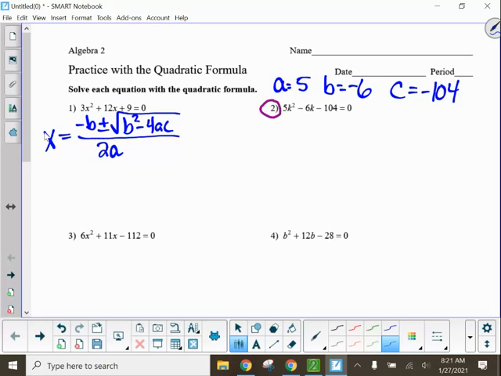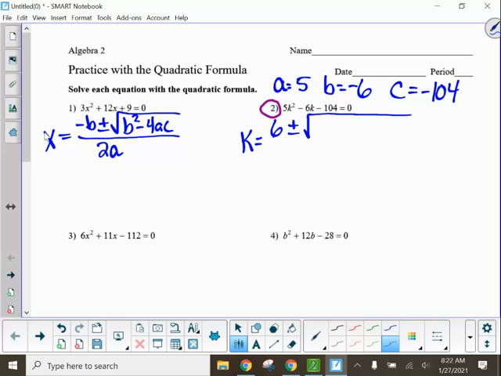So we're going to go through and plug this in. Again, this is going to be k equals instead of x equals. So I have a negative b. Well, my b is already negative, so whenever I make it negative, it's actually going to turn into a positive. Then I have my plus or minus sign, so one of my answers is going to use the plus and the other one is going to use the minus.